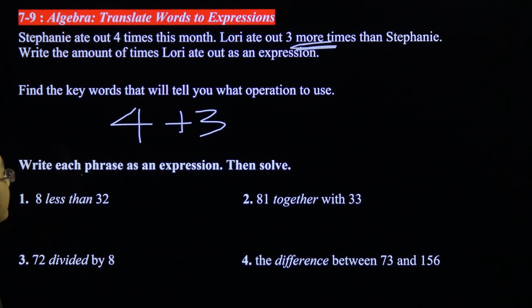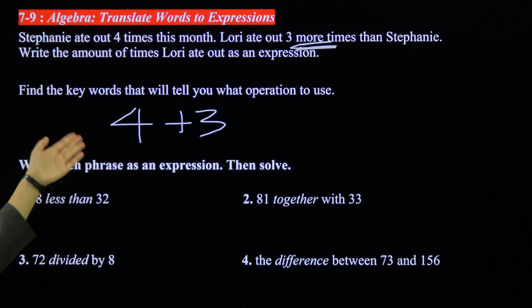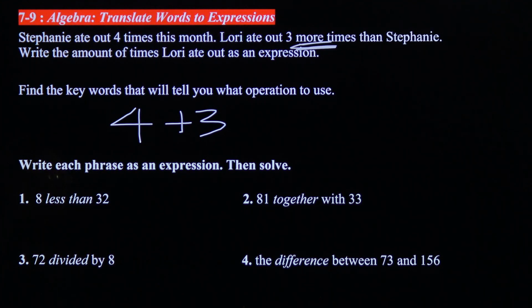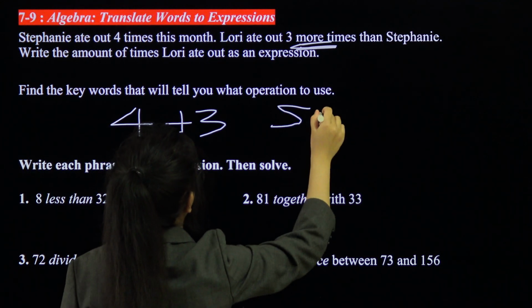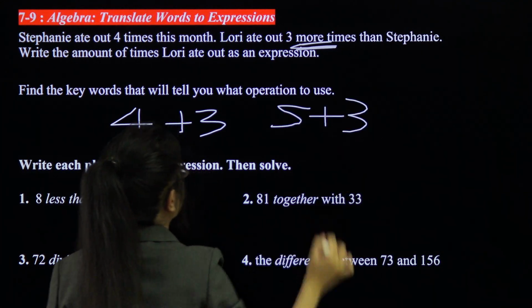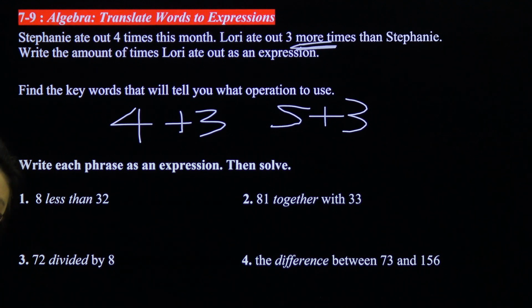This is the expression. Find the keywords that will tell you what operation to use. The keyword is more. You could also write the expression as S for Stephanie plus 3 if you want a variable. But that's the general gist of it.